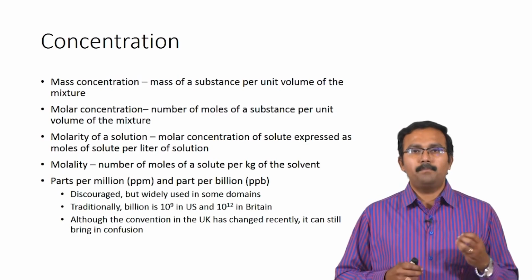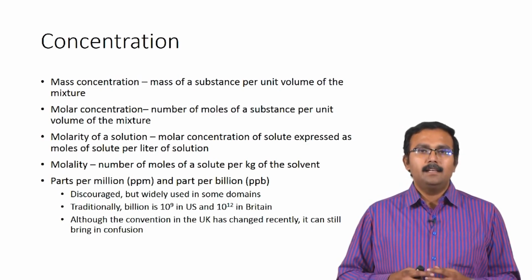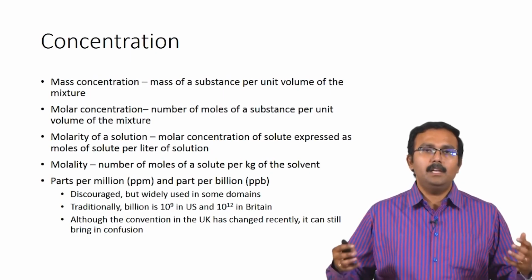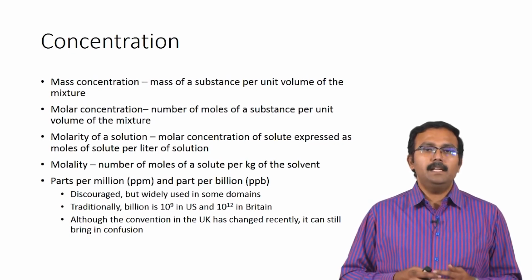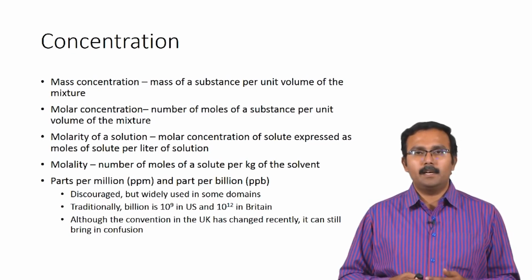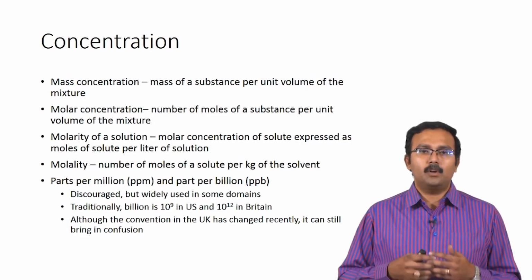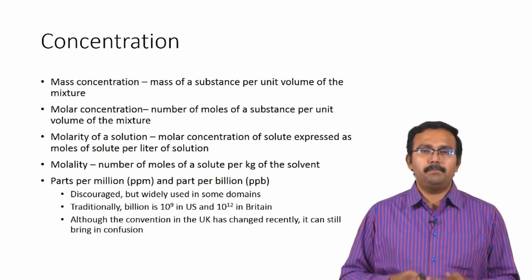You also have parts per million and parts per billion, which are also used. These are discouraged by the scientific community, but they are still widely used in many domains. Traditionally, billion in US is 10 power 9 and billion in UK is 10 power 12. This can cause confusion, and it is better to avoid ppm and ppb terms as much as possible.